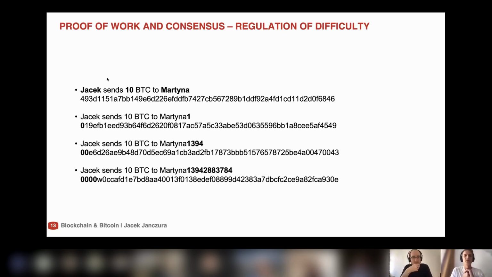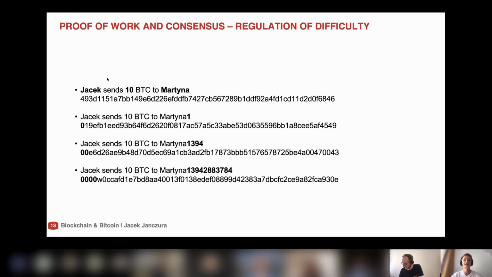Let's talk about proof of work and regulation of difficulty. Of course, there are many people who want to participate in blockchain, but somehow we need to pick people who can add new blocks, and we cannot do it randomly.